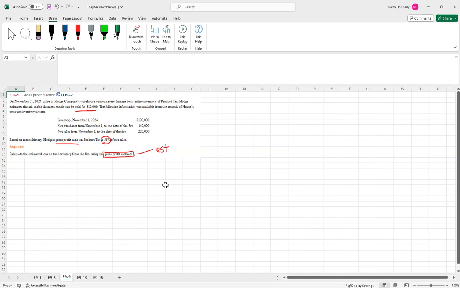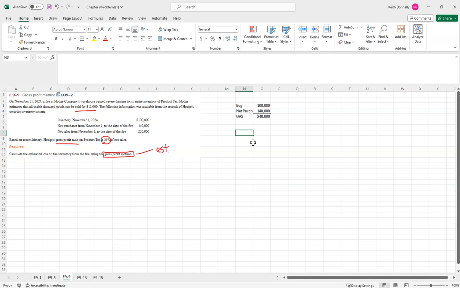So essentially, if we were to build this out, we're going to have our beginning inventory at 100,000. We're going to have our net purchases of 140,000. That's going to give us goods available for sale of, it should be a plus sign there, sorry, 240,000, okay? Then what it says here is we have our net sales over here of 220.